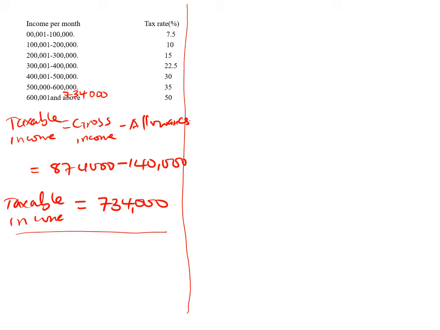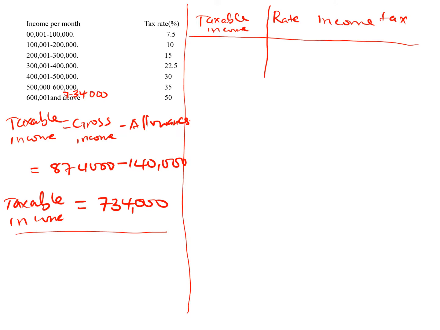It lies there because you cannot tax what you don't have. Now after that, I'll say let me have here taxable income, then I'll have rate, and then here income tax. To get the income tax, you must multiply taxable income by the rate. So this is going to be our format for the table.